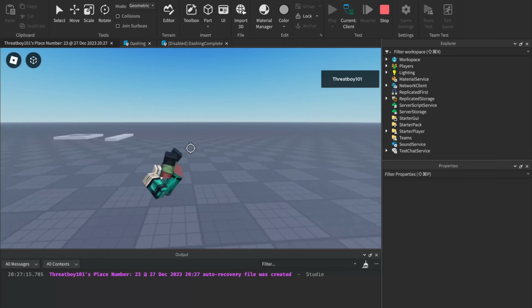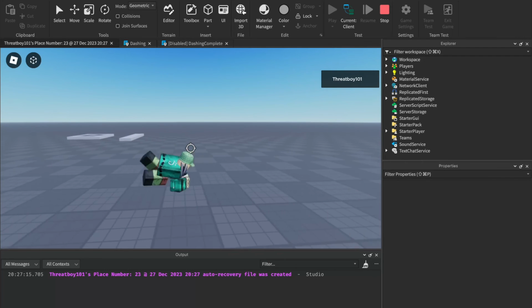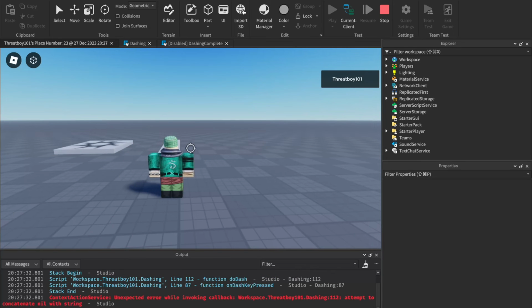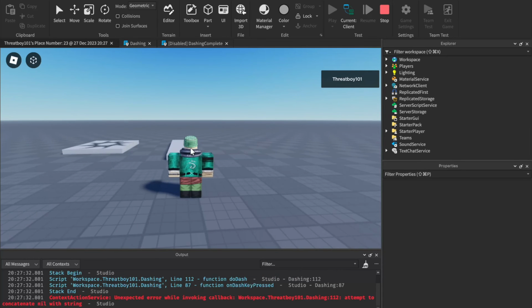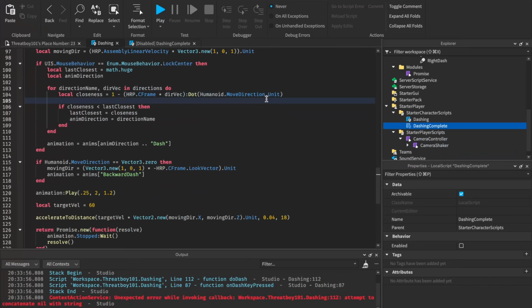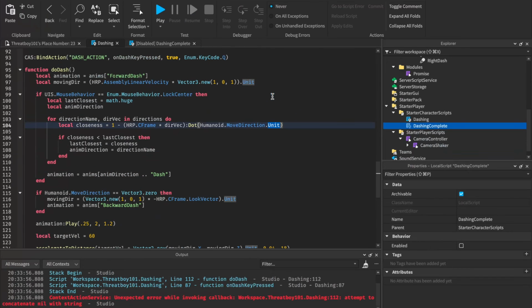I go into shift lock mode, left, right, left, forward. Oh, there's an error. Let's see what that's about. All right, so apparently the error disappears when I remove the dot unit from move direction.